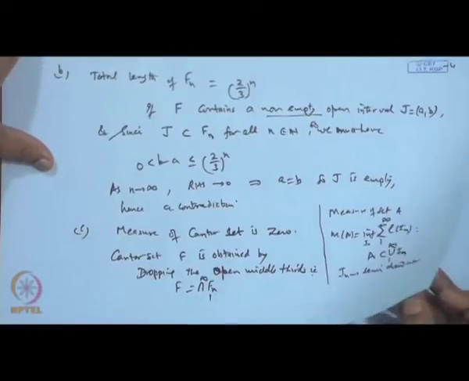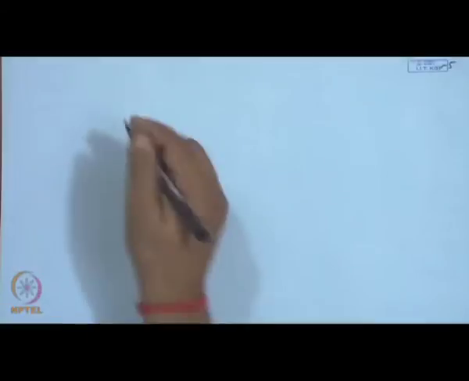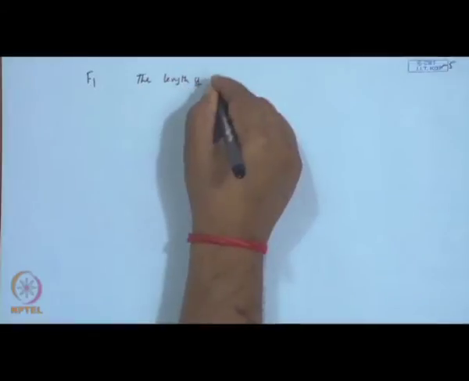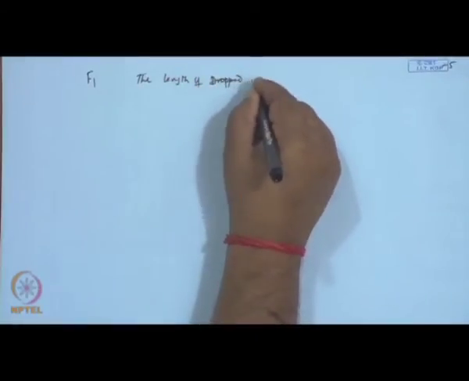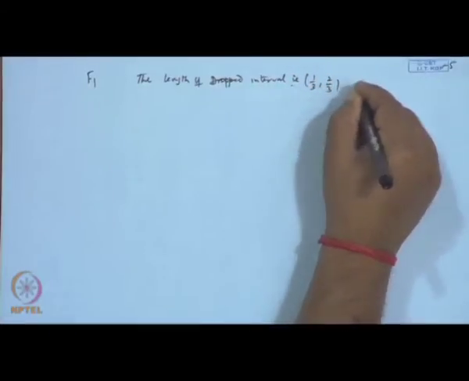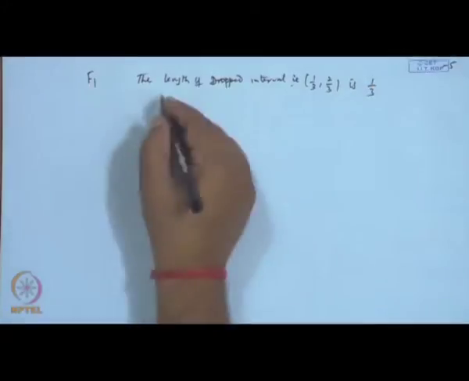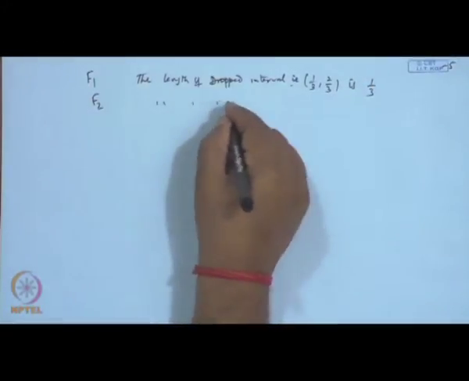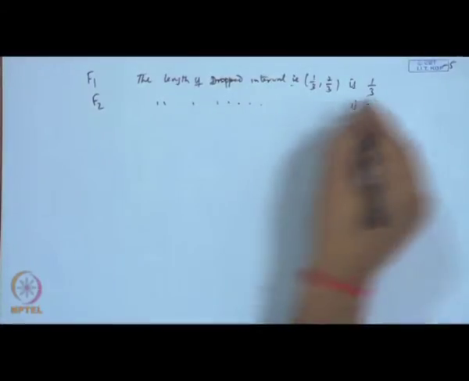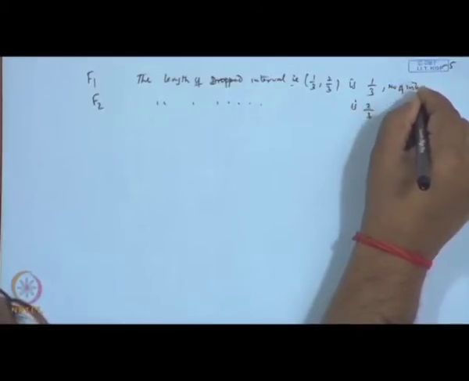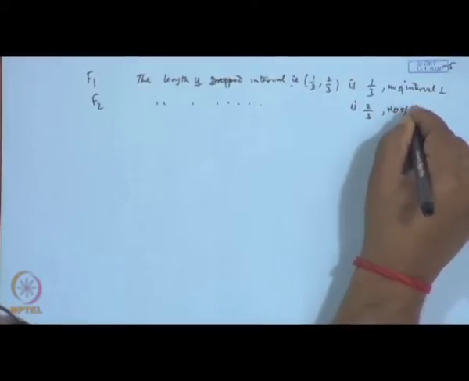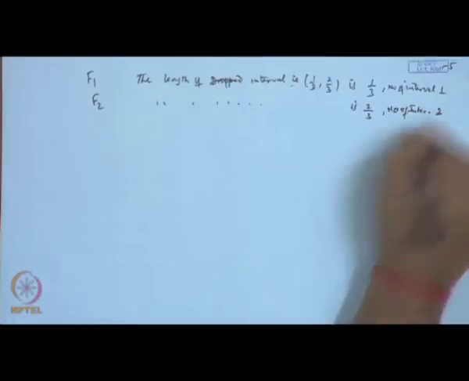So, when you drop the middle one, what happens? In the first case, F_1, the length of the dropped interval is 1/3. In the second case, the length of each dropped interval is 1/3 squared, that is 1/9, and the number of intervals is 2.